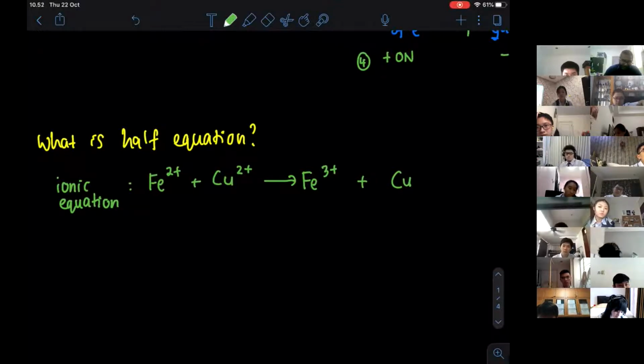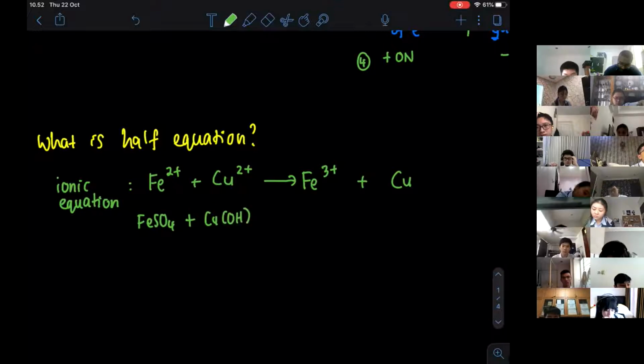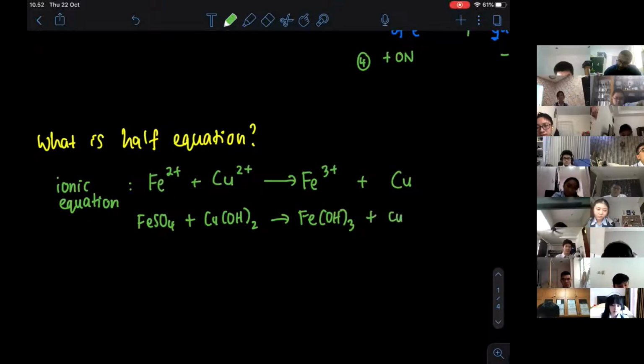Let's say I have iron sulfate reacting with copper hydroxide. It's going to give you Fe hydroxide plus copper over here. But this is not the actual equation.